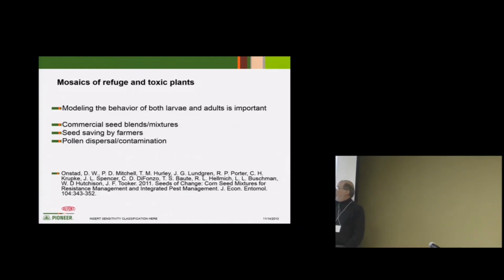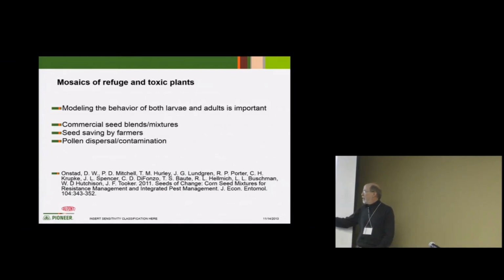We have commercial seed blends. That's a mosaic of refuge and BT crop. We have seed saving by farmers in certain countries and cultures that would allow a mosaic to be planted the next year by accident. And then pollen dispersal, contamination, creating a mosaic of expressions in these seed mixtures or non-seed mixtures.